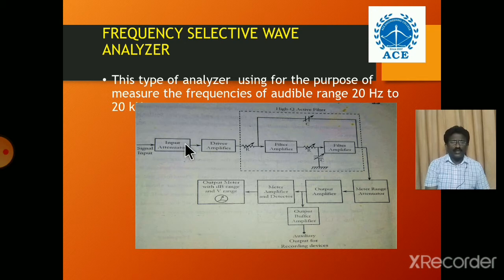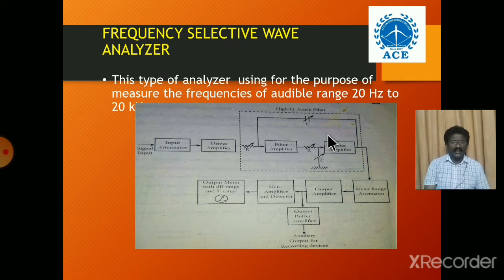The output of the attenuator is applied to a high Q active filter through a driver amplifier. This high Q active filter works as a low pass filter.